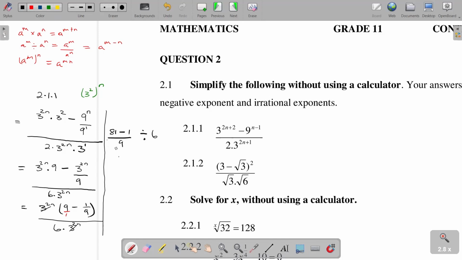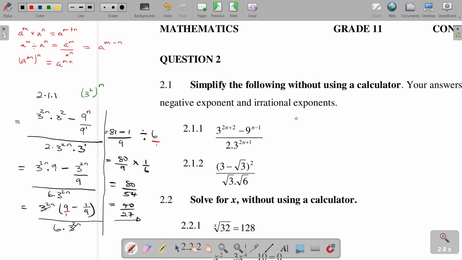So it's 80 over 9. Take note, 6 is 6 over 1, so we multiply by 1 over 6. Our answer is 80 divided by 54. Then we can divide throughout by 2. This becomes 40 over 27, which is our final answer.